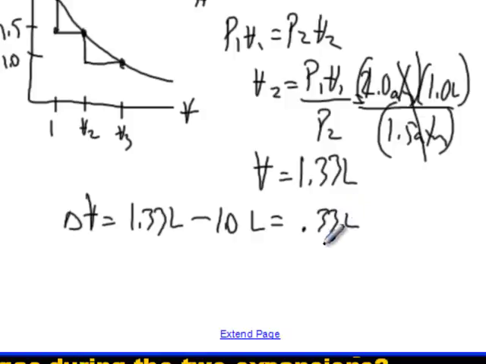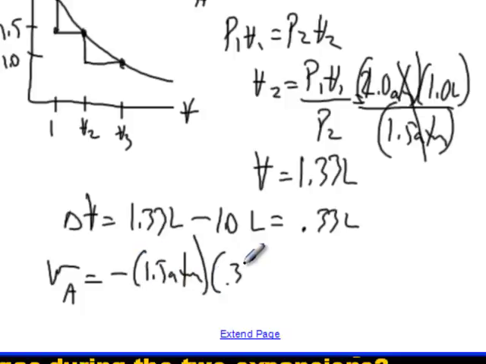so that means it changed by 0.33 liters. So the pressure during step A, that expansion, was 1.5, so the work in step A is negative pressure times change in volume, or negative 1.5 atmospheres times 0.33 liters. That works out to negative 0.50 liter atmospheres.